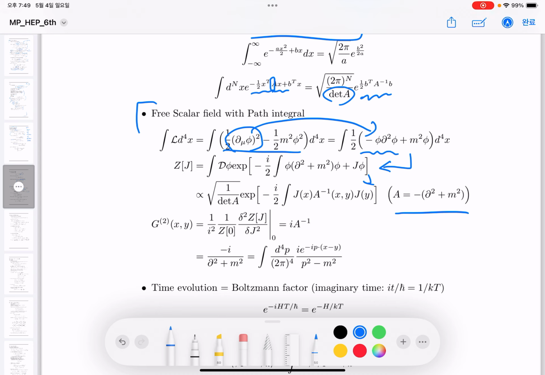And if we evaluate the second derivative of such a generating function, then we can obtain the two-point correlation function, which corresponds to the Green function or the propagator. So the second derivative of the generating function yields the inverse of the matrix A, and this gives the propagator in the momentum space.